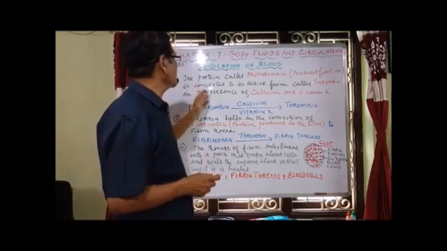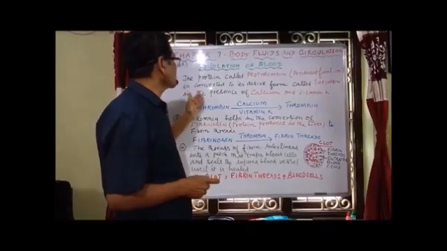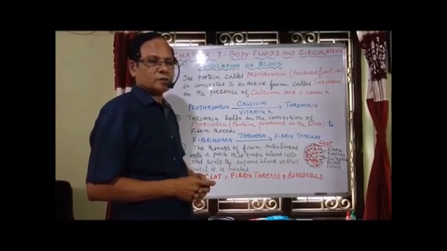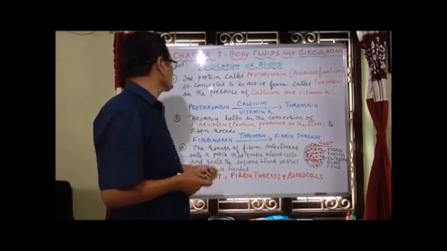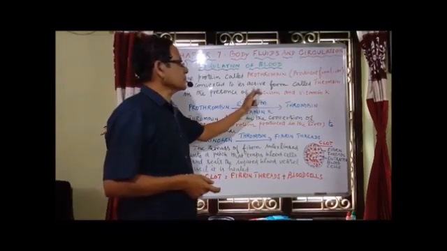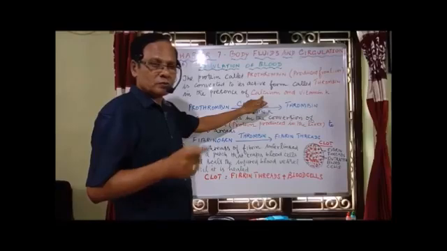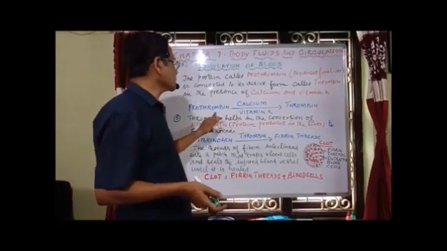So the next step, the protein called prothrombin, produced in the liver, is converted to its active form called thrombin, which is nothing but a proteolytic enzyme. It acts as an enzyme in the presence of calcium and vitamin K.